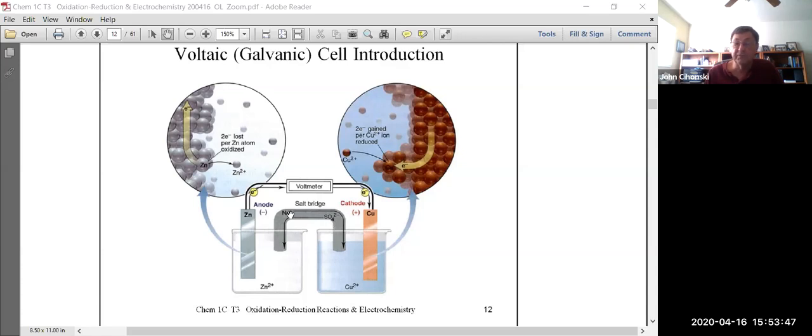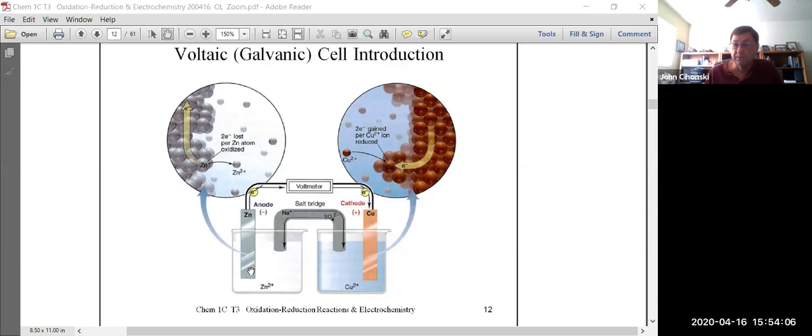If 50 sulfates flow into the left-hand beaker, the anode, what do we have? We have a neutral solution, 50 zinc ions and 50 sulfate. So everything matches.